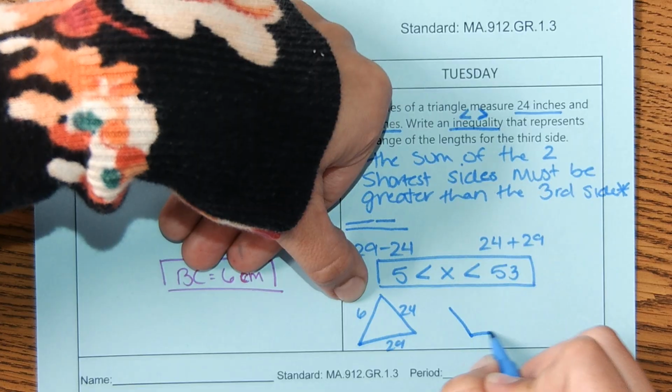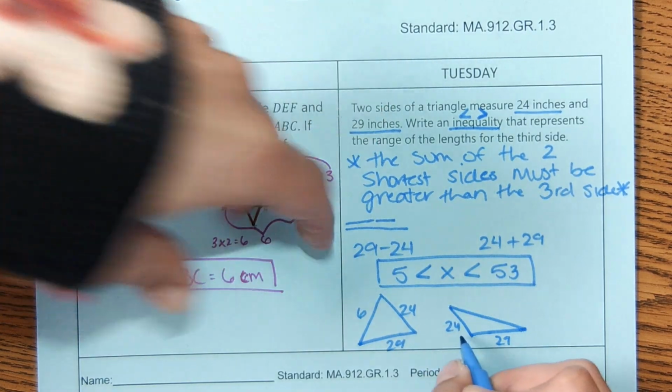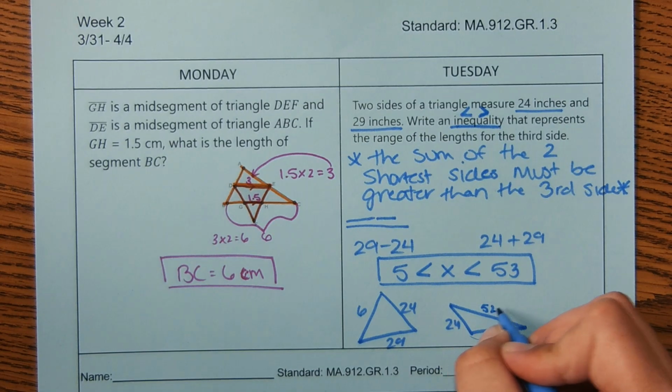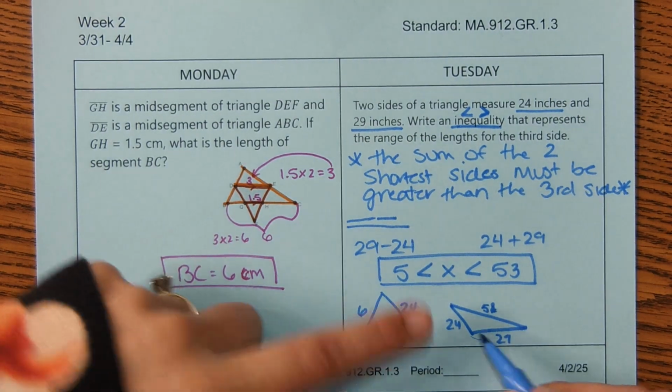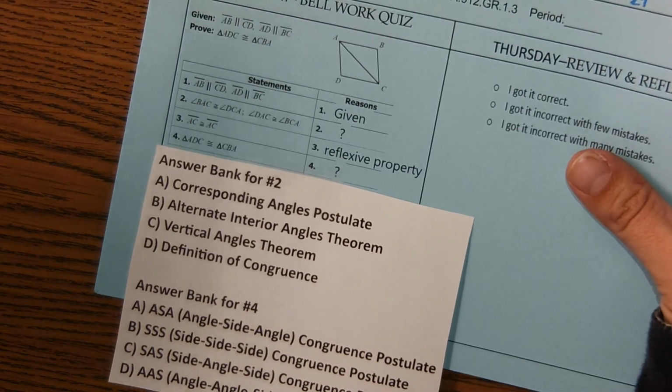Or if 24 and 29 were the shorter sides, this would have to be less than 24 plus 29. 53 has to be greater than this side, so this could be like 52, but it couldn't be 53. Makes sense. Anyways.